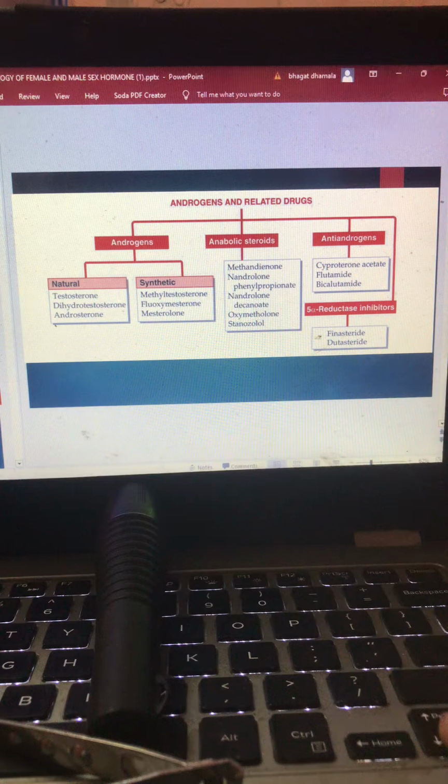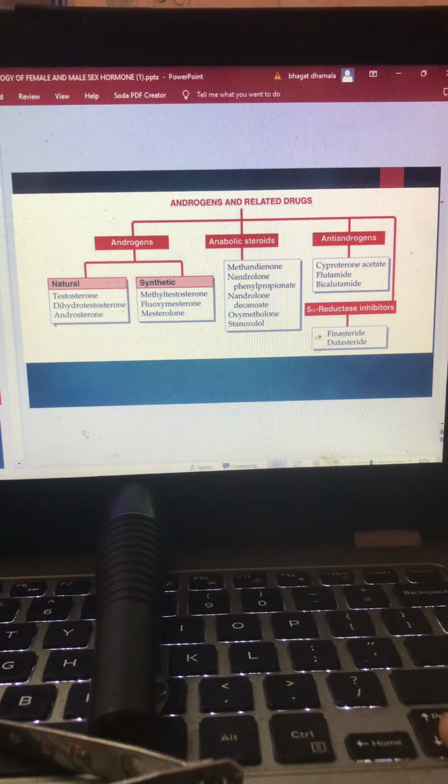Androgens are classified as natural and synthetic. The natural androgens are testosterone, dihydrotestosterone and androsterone, while the synthetic androgens are methyltestosterone, fluoxymesterone and mesterolone. The anabolic steroids are methandinone, nandrolone phenylpropionate, nandrolone decanoate, oxymetholone and stanozolol.